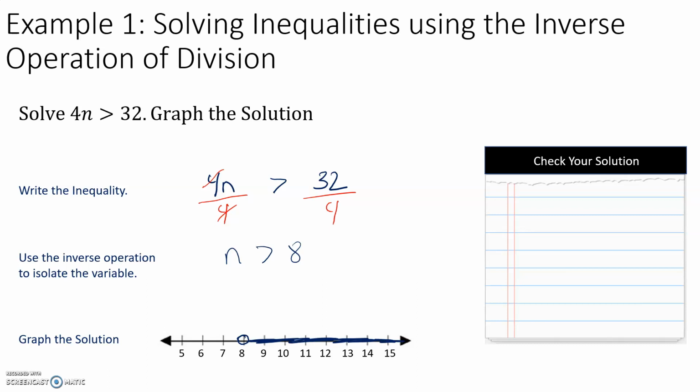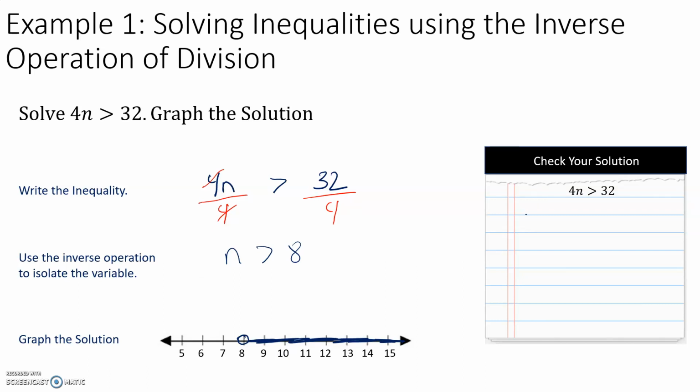Now I'm going to check my work. My original inequality is 4n greater than 32, and once again, I'm going to pick a number on both sides of my circle. I'm going to pick 7 and 9. The first one I'm going to check is 7. Instead of n, I'm going to replace that with 7.